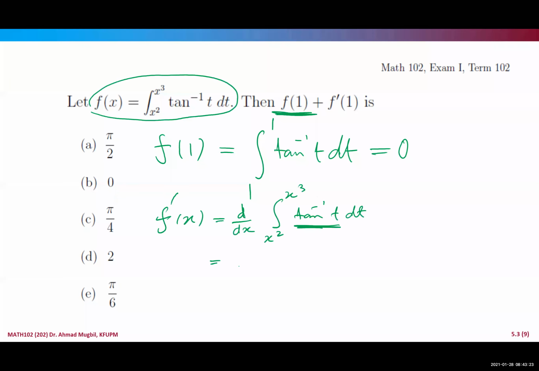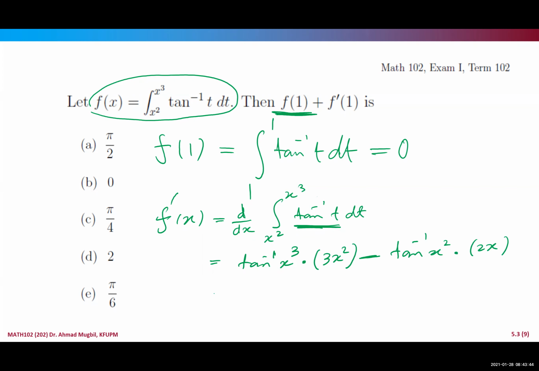It will be the integrand function evaluated at the upper limit, multiplied by the derivative of the upper limit, 3x squared, minus the same function evaluated at the lower limit, multiplied by the derivative of the lower limit. So this equals 3x squared tan inverse x cubed minus 2x tan inverse x squared.